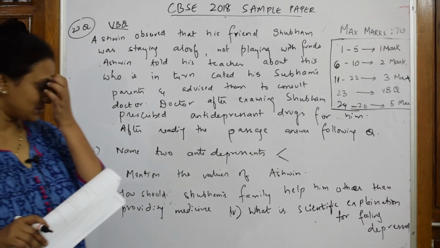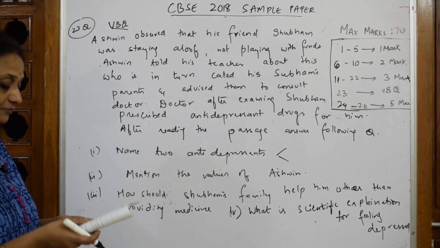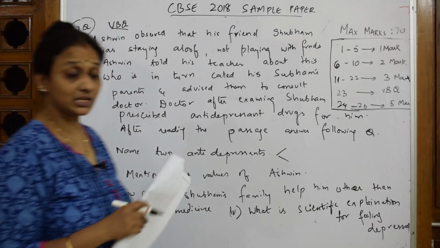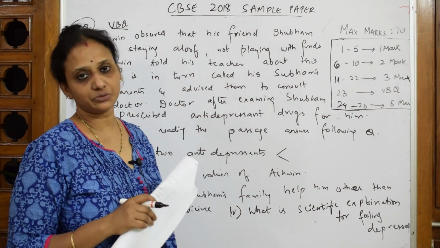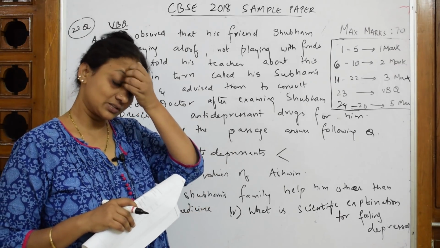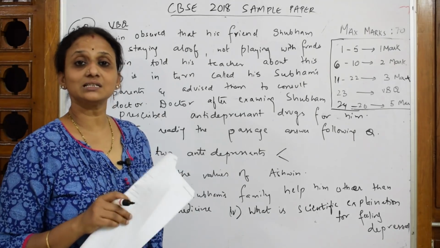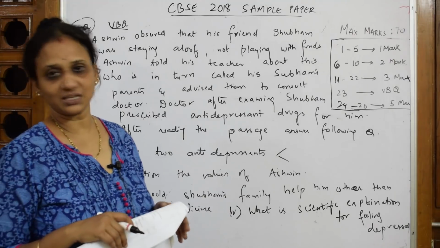After reading this passage, answer the following questions. 1, 2, 3, 4 questions are given. So in the first one, what do they ask us? Name 2 antidepressant drugs. In chemistry in everyday life as a chapter, most of the time you get a value-based question from that. So you need to know what are histamines, what are narcotic drugs, what are antidepressant drugs, and all these. Try to at least learn the names and go. Structures will not be asked from that.